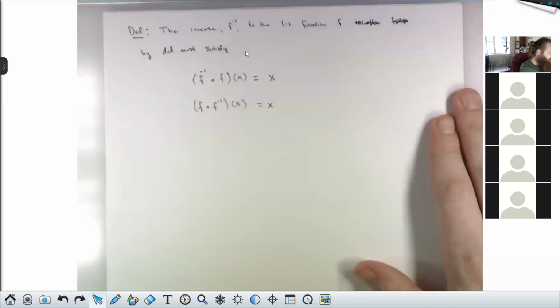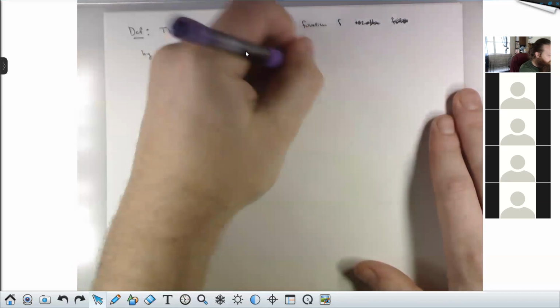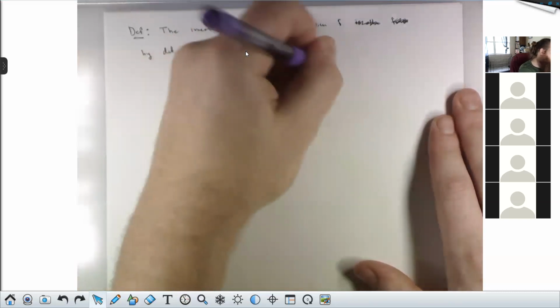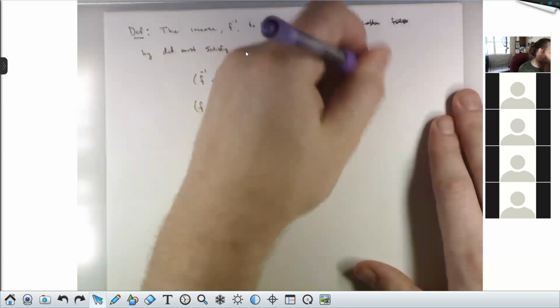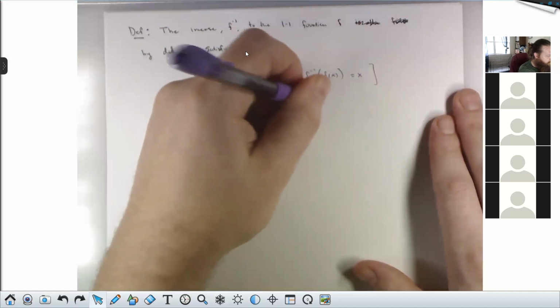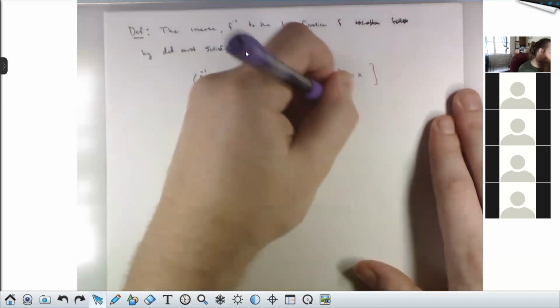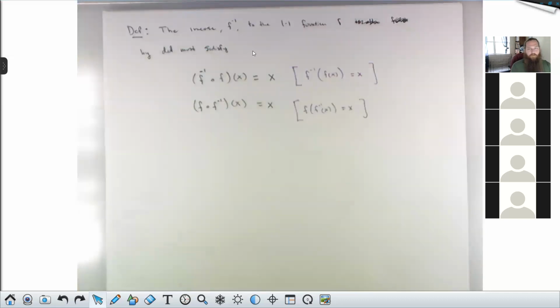In the other notation, this could be read as f inverse of f of x equals x, like this, or f of f inverse of x is equal to x, like this. So if you start with x, you do f to that, and then you do f inverse to that whole thing, you should get back what you started with, x.